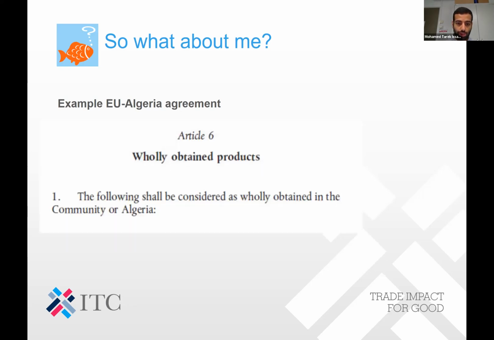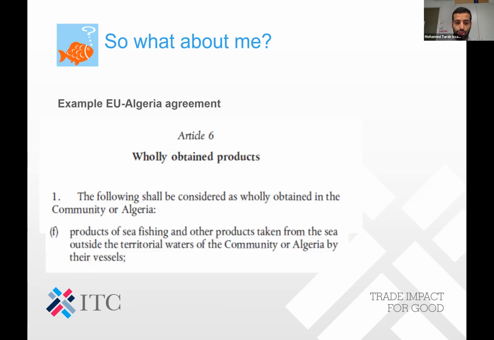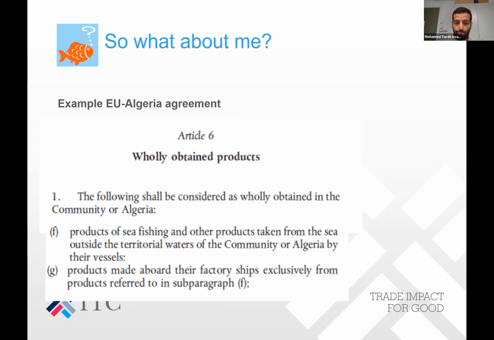This is an article from the agreement, and it says the following shall be considered as wholly obtained in the community, which is the EU, or Algeria: products of sea fishing taken from the sea outside the waters of the community or Algeria by their vessels, or products made aboard their factory ships.